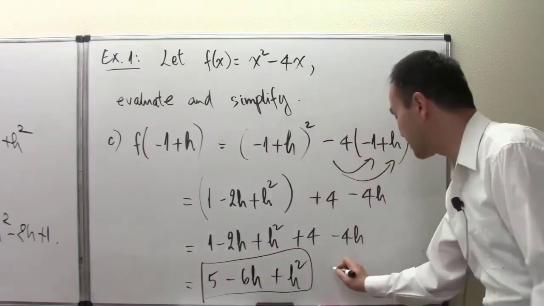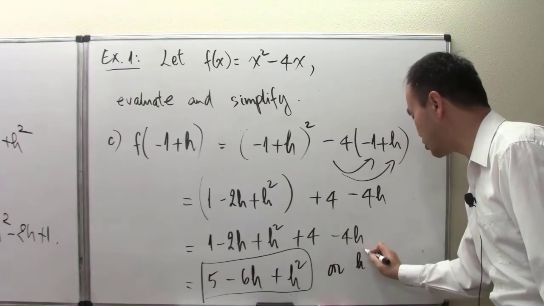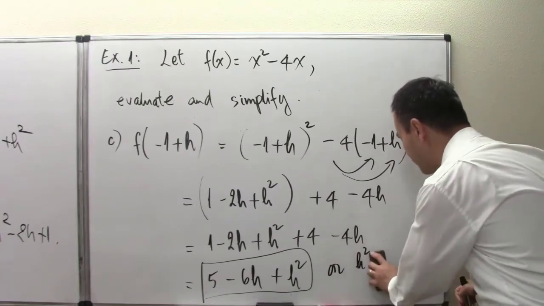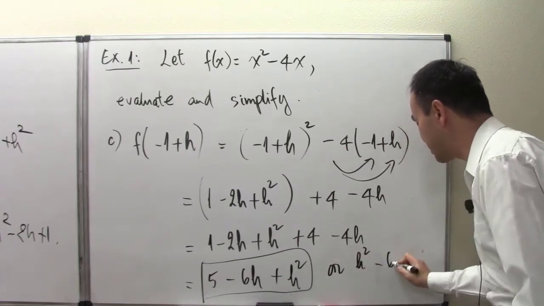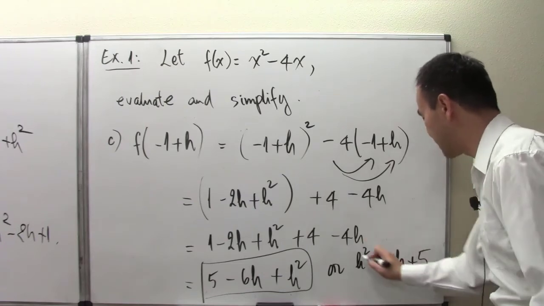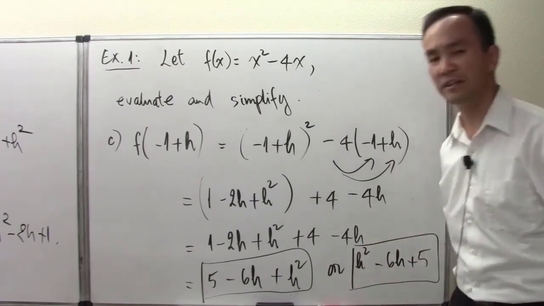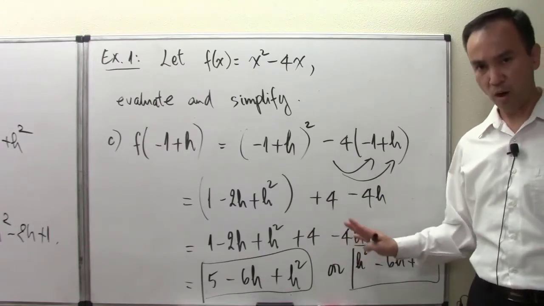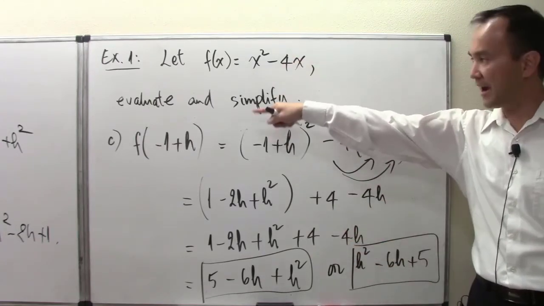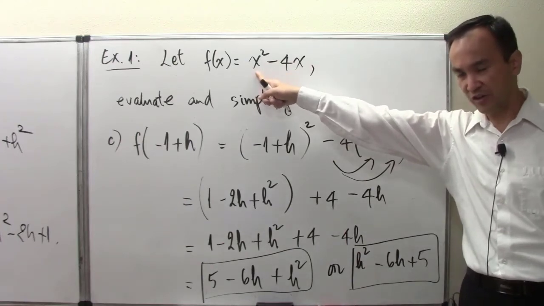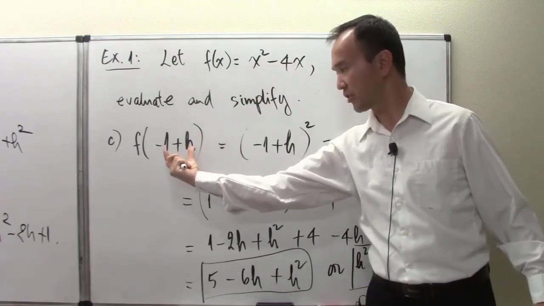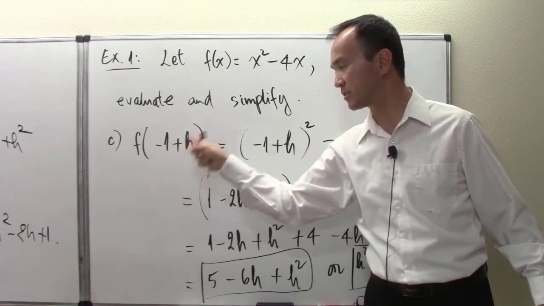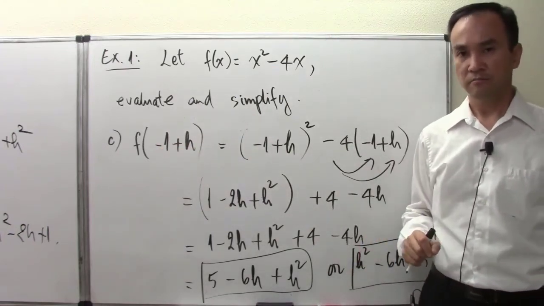Or you can write this as h squared minus 6h plus 5. That is completely legal. All right, so that's one more problem where we evaluated our given function at this expression, minus 1 plus h. Okay, let's try another one.